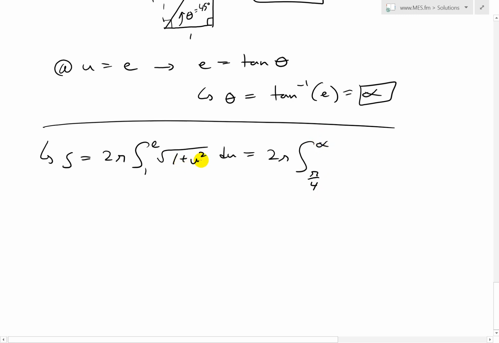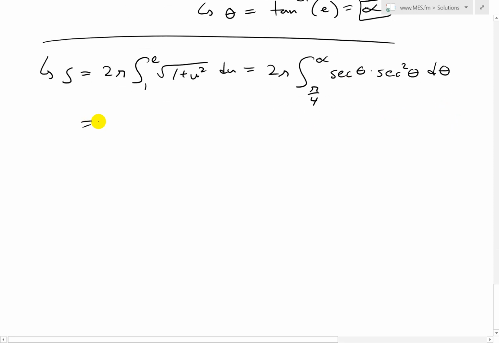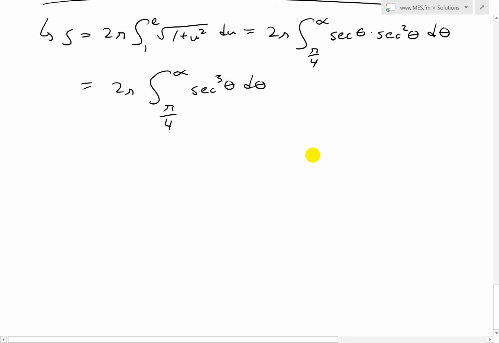And this square root 1 plus u squared is equal to secant theta. And then du is equal to secant squared theta d theta, which, simplified further, gives 2 pi integral from pi over 4 to alpha of secant cubed theta d theta.